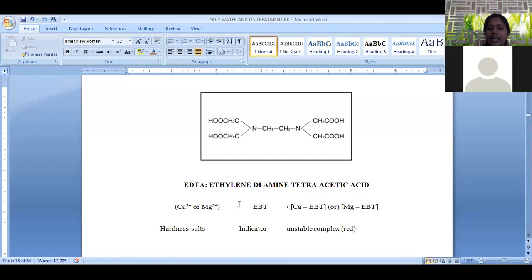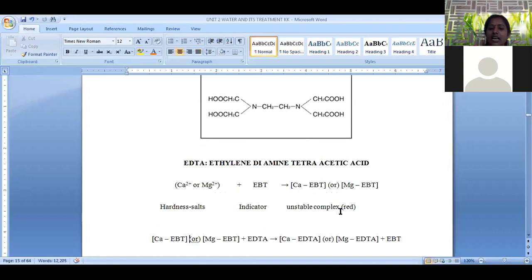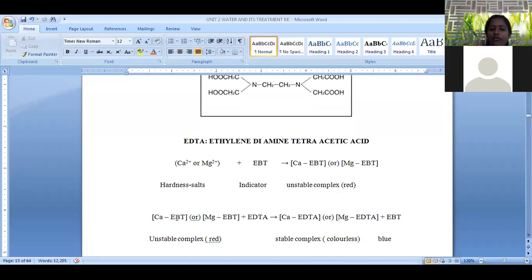Here the indicator added is eriochrome black T, which exists in blue color. When it is added to hard water, it forms an unstable complex which exists in red color. That complex may be either a calcium EBT or magnesium EBT complex. That is highly unstable, hence it is not favorable.